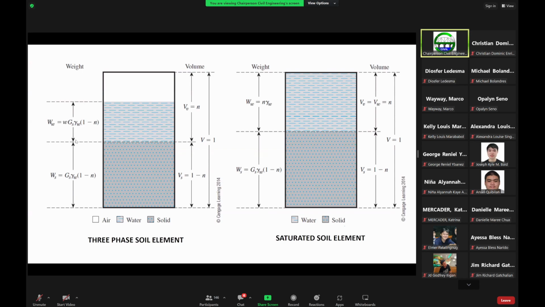With respect to the water content, for the two soil elements, in the masteral program, we consider this as the unsaturated soil element, and then with respect to the volume of water as well. These are just the differences in the formulas.